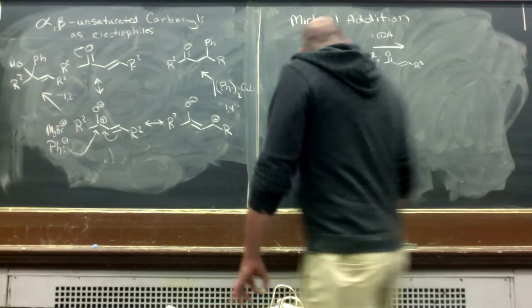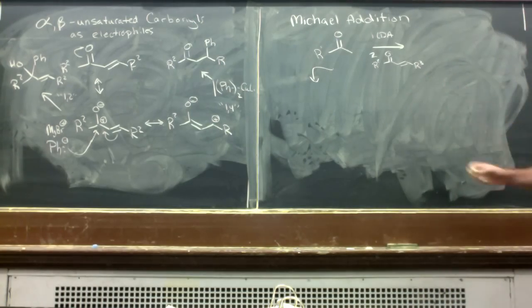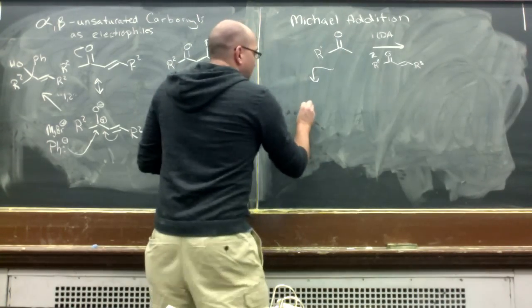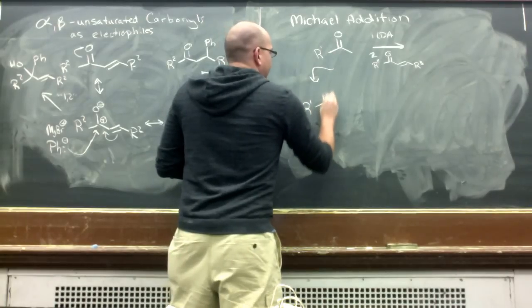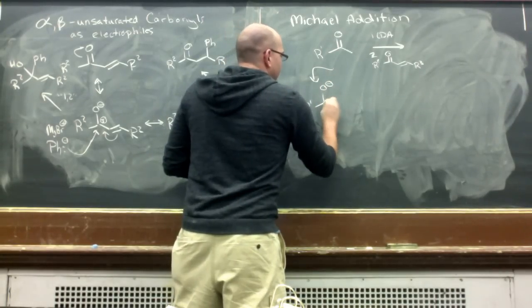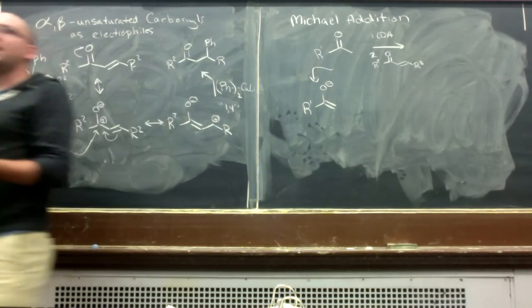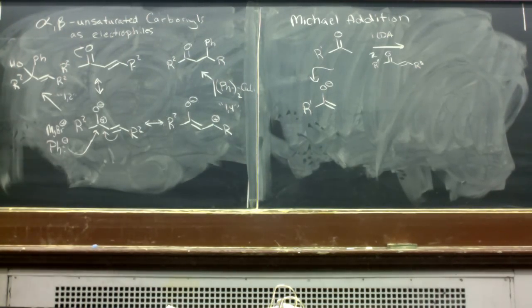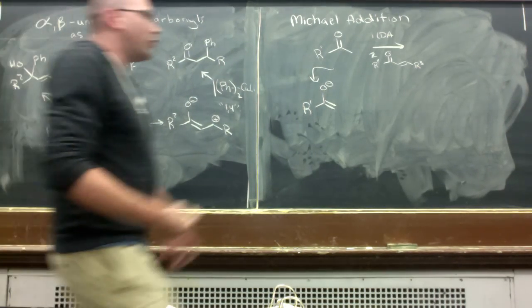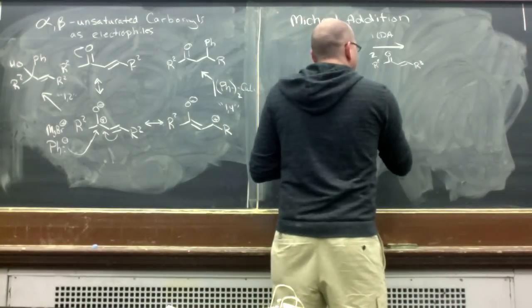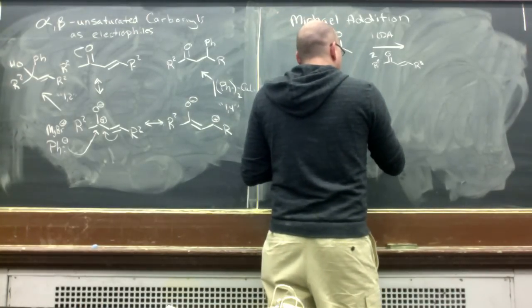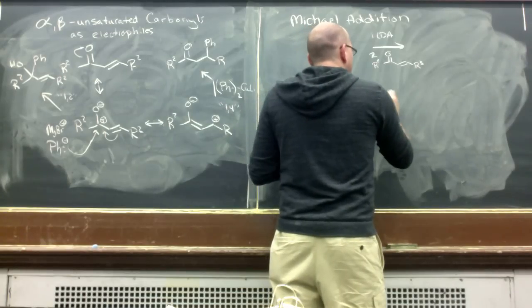Okay? So in the case of a Michael addition, you're going to generate that enolate, and this is where we begin to push electrons, and hopefully by this point, you guys are pretty good at pushing electrons. I heard somebody laugh.